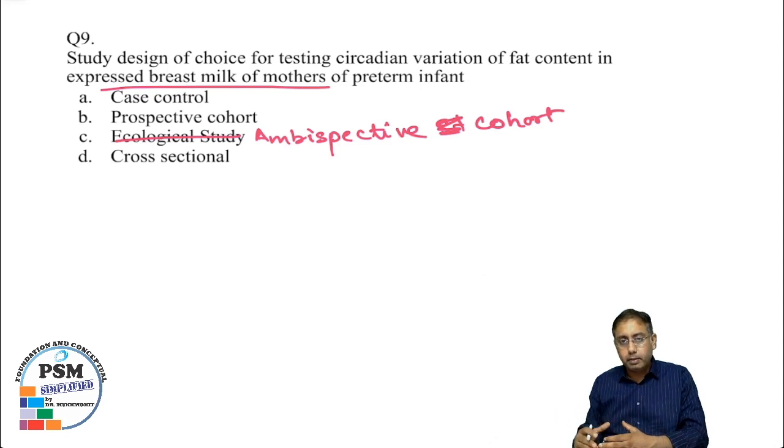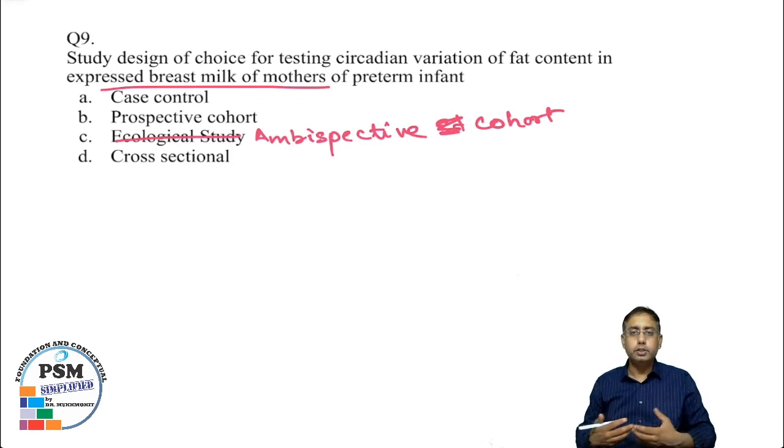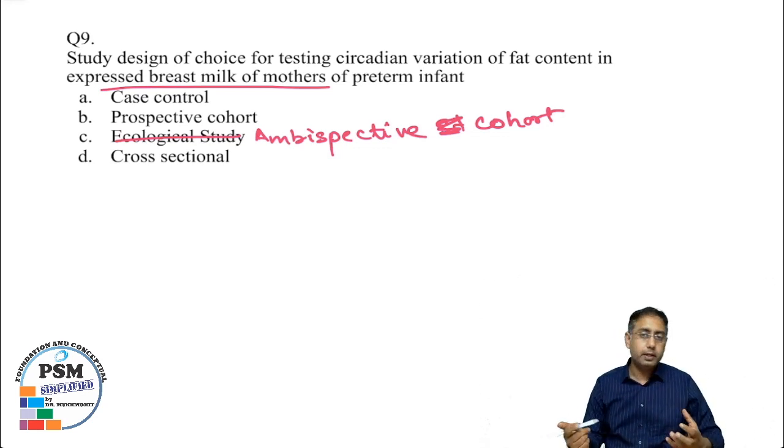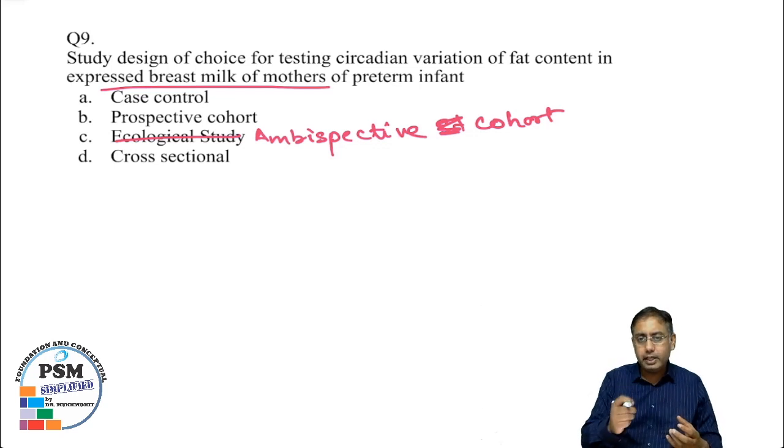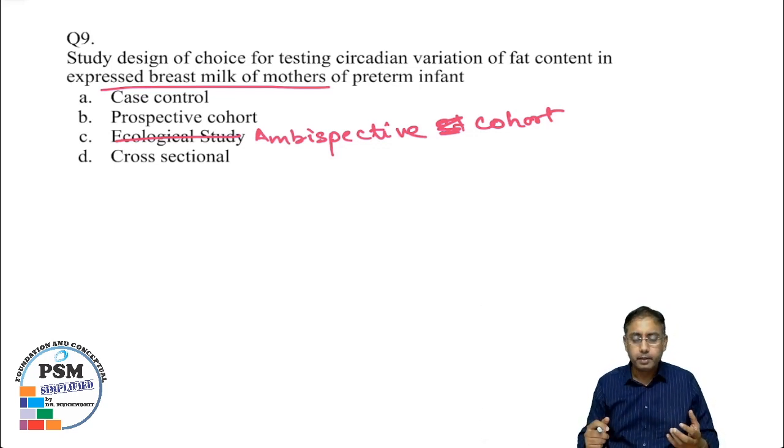Their child was a preterm infant, and you followed them up with sequential follow-ups every day to check for their circadian variations in their fat content of the expressed milk. So what does it mean? It means you're taking a group of females with common characteristics. It's a direct indication that you're doing a cohort study.